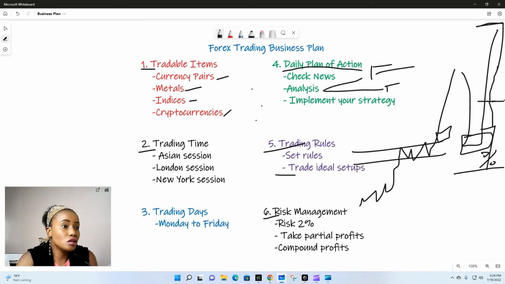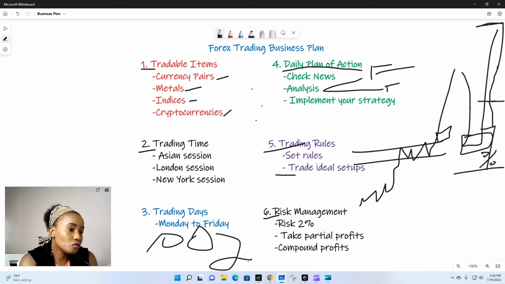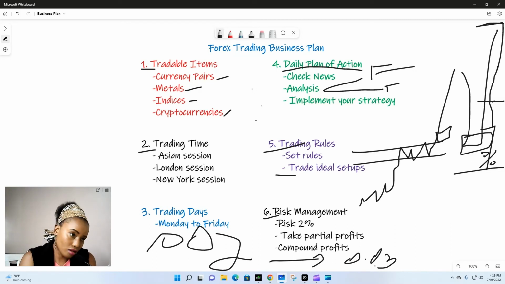So if today you are doing a volume of 0.02, and you made some profits, then when you come back to your next trading session, you can increase your volume to 0.03. Definitely the higher the volume, the higher the profit. So compound your profit so that you can grow your account, you can have bigger volume, and eventually you get more profit.